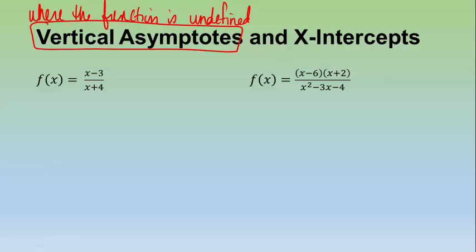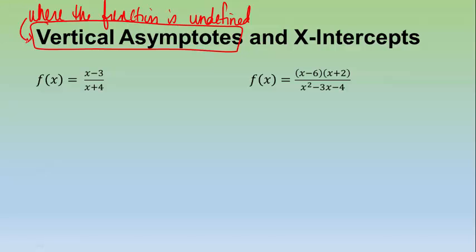If you make the connection between a place where the function will be undefined and the vertical asymptotes, you know exactly what to do. A function is undefined when the denominator is 0. So if you ask yourself, where will the denominator be 0, you've also answered the question about where your vertical asymptotes are. So make the connection between these two, and you've answered two questions in one.